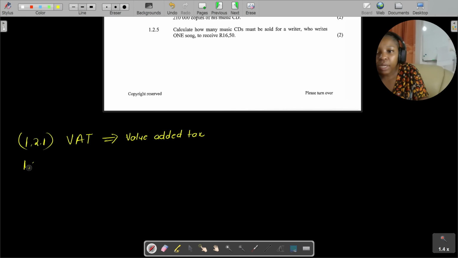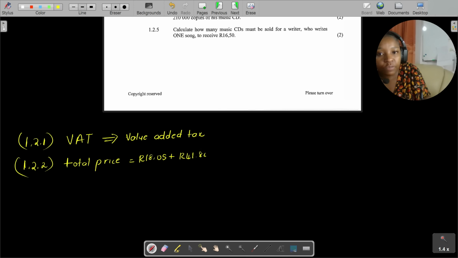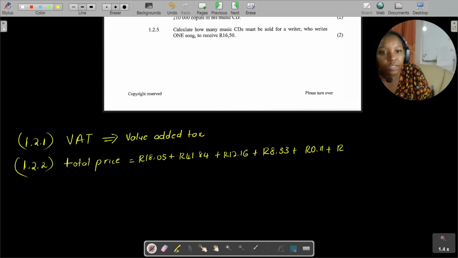So for question 1.2.2, we're going to add up all these prices. The total price for the CD is going to be equal to 18.05 plus 41.84 plus 12.16 plus 8.33 plus 0.11 plus 6.98 plus 11.53.